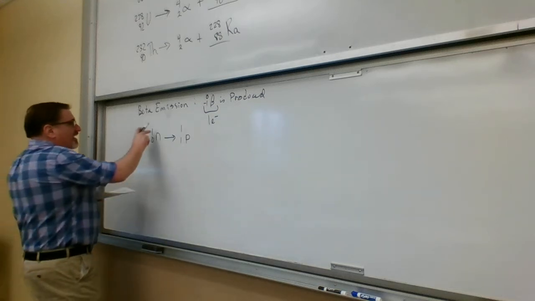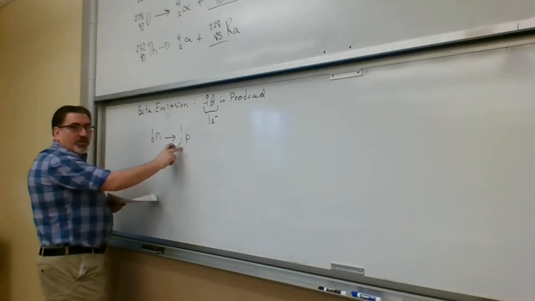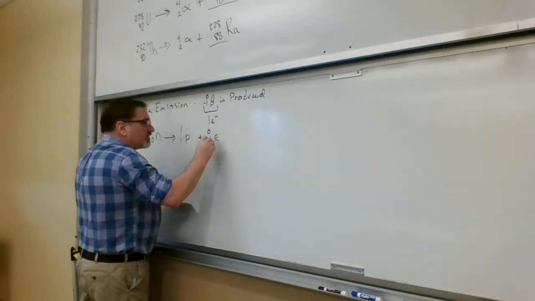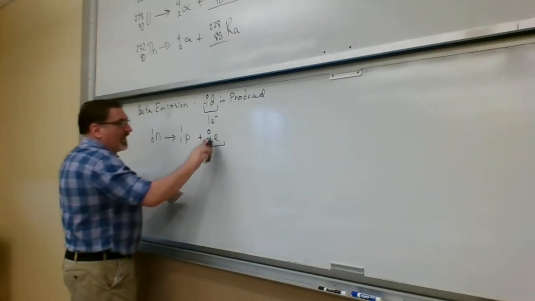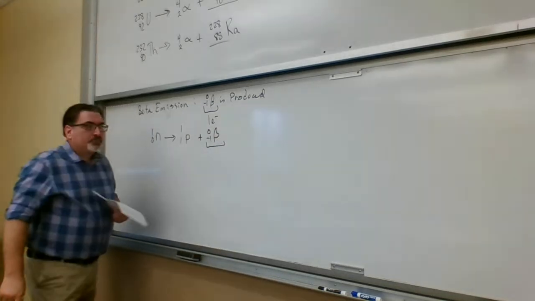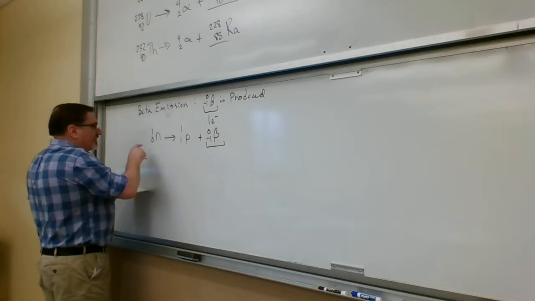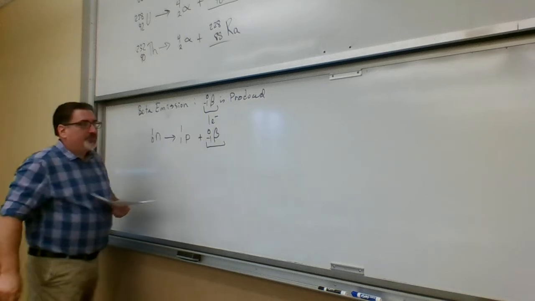The masses are okay, but we've created a charge where there wasn't one. To balance that out, we get an electron, and we call these particular electrons beta particles. This allows the masses to balance out, 1 and 1 on both sides, 0 on the left, 1 minus 1 is 0 on the right.